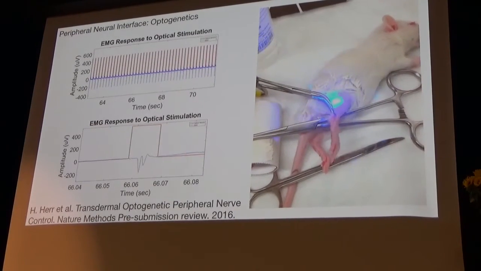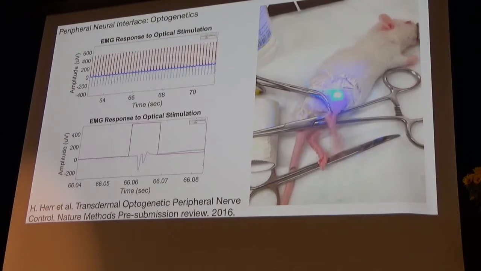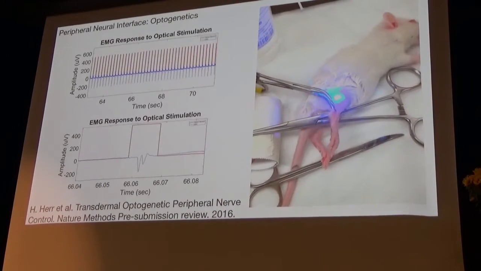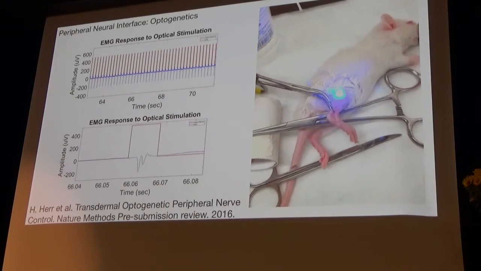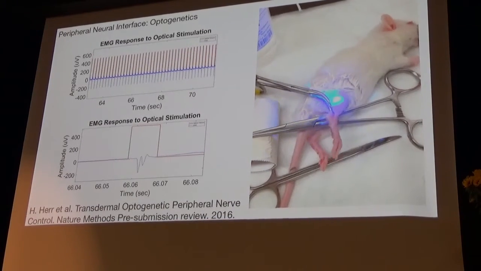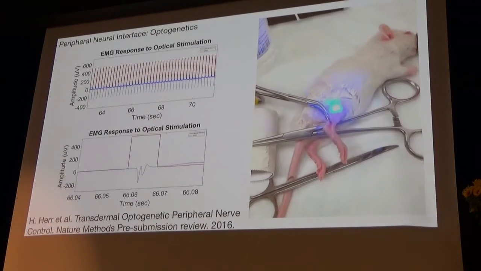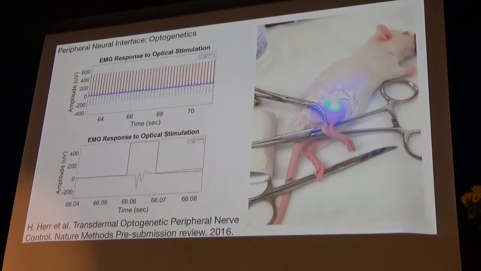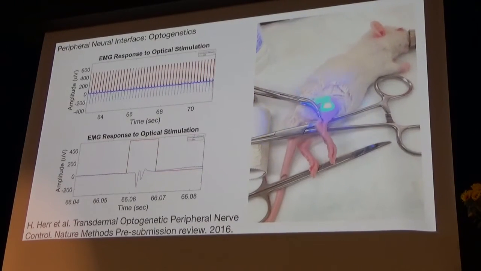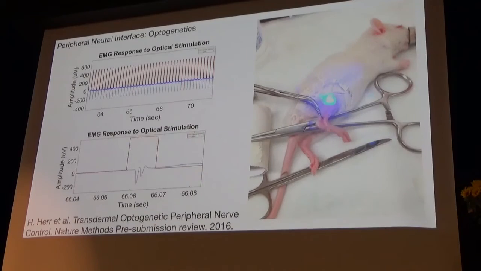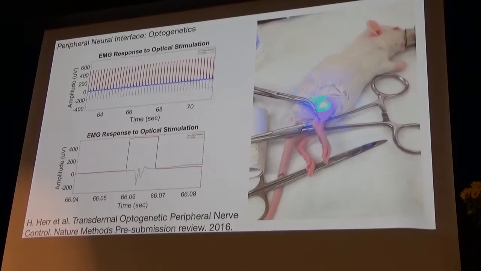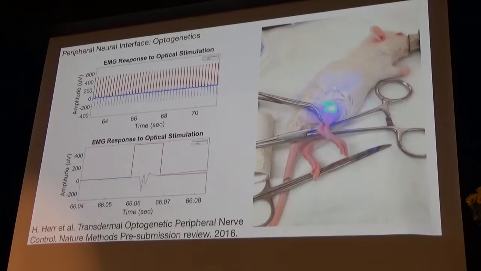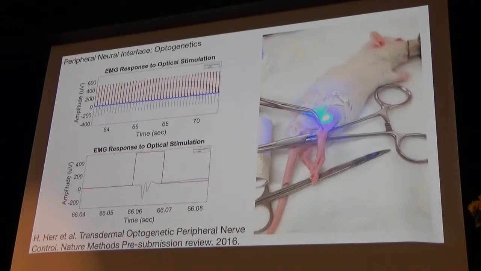Many of you know that this may be superior to electrical muscle stimulation because there's evidence that through optical stimulation, the muscle is recruited in a natural way, where as you turn up the stimulus, you go from small motor units to large motor units, as opposed to electrically, where as you turn up the stimulus, you first recruit large motor units. So you go from low force to a force that's too high. So we now want to close the loop on this optical signal.